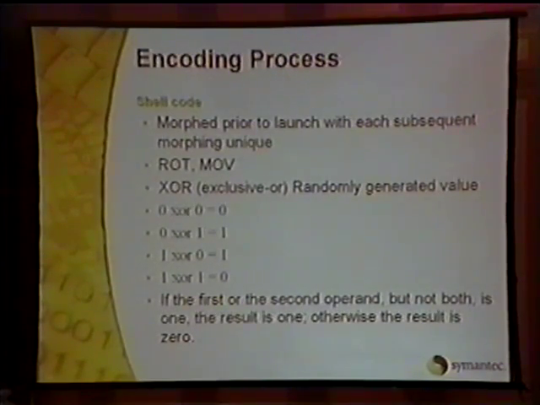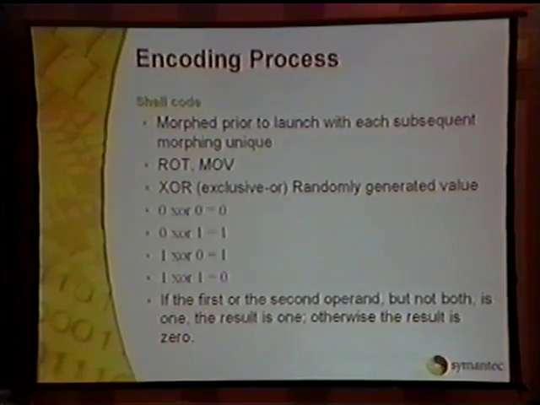The attack is morphed prior to launch, with each subsequent morphing unique. So each time that you run an attack against a host such as DNS or SMTP, it's polymorphed all over again.